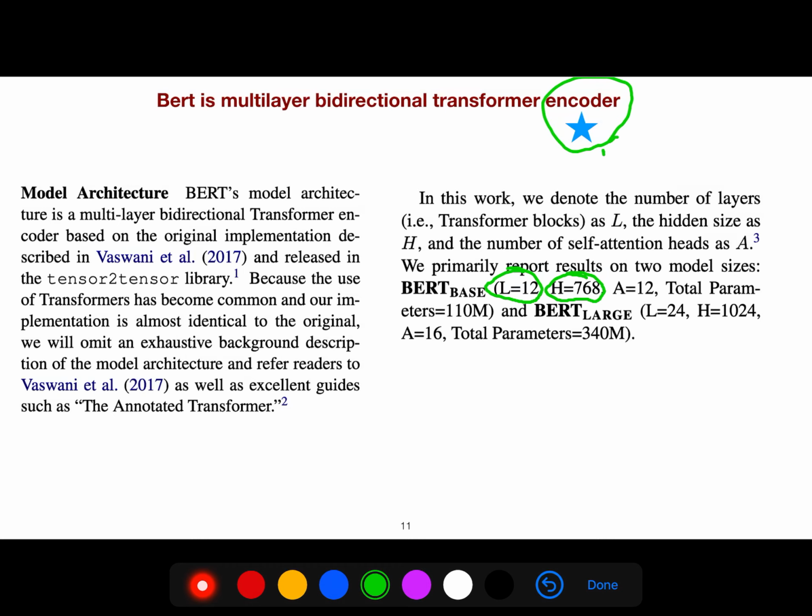The total parameters are 110 million. But BERT large has 340 million parameters, which is quite big. So BERT architecture is a multi-layer bidirectional transformer based on the 2017 paper. I've explained this paper several times on my YouTube channel.